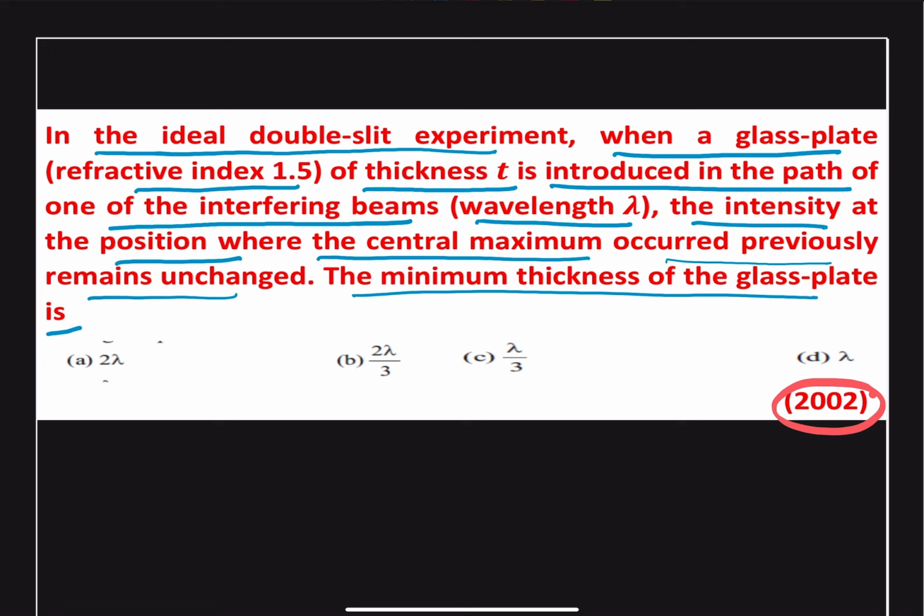So in this case, the important point is that the central maxima has the same intensity as without the glass plate as well as with the glass plate. Which basically means that there will be no net phase difference, and based on this we have to find out the minimum thickness of that glass plate.